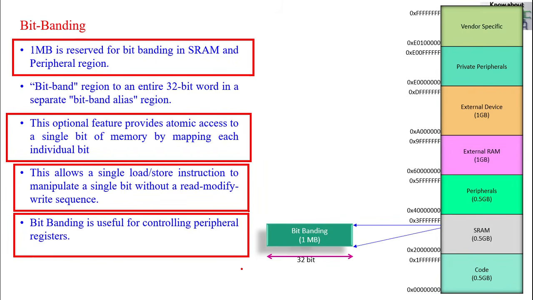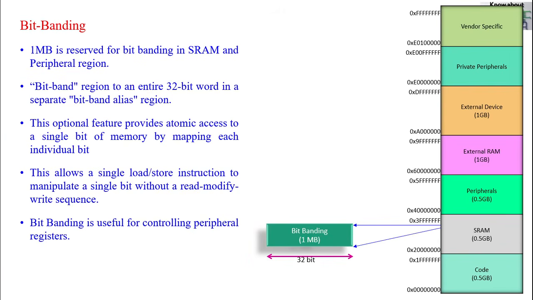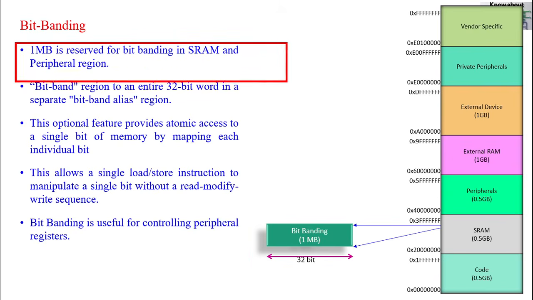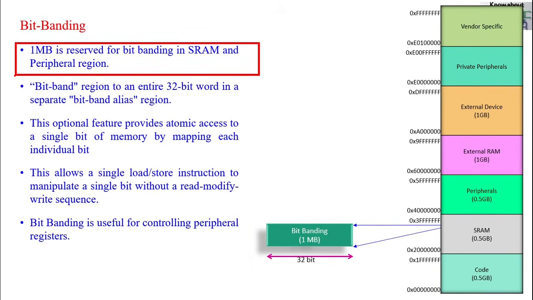So what is the size of each bit band memory? I already told you, we use 1 megabyte of memory, which is 32-bit in length. So 32 bits into 1 megabyte of bits will be available for our bit banding.